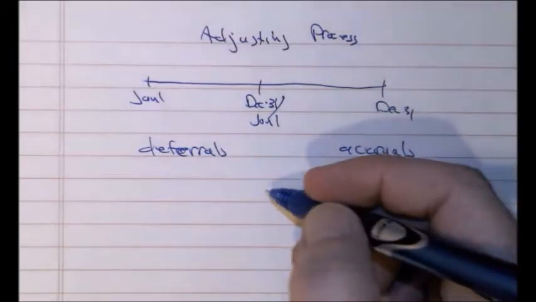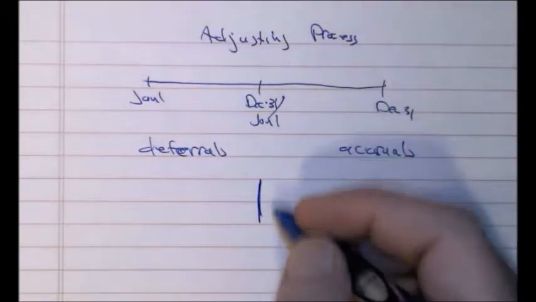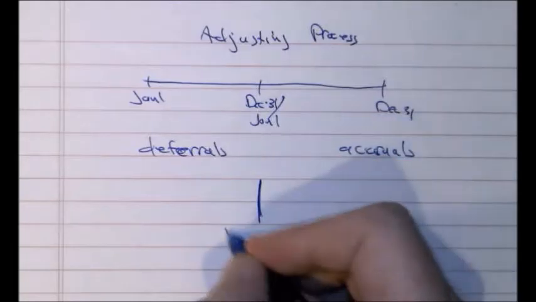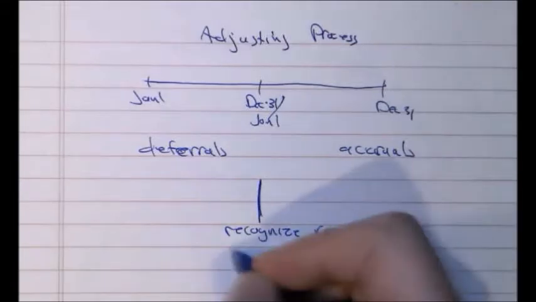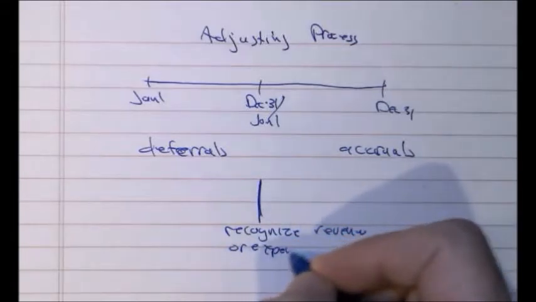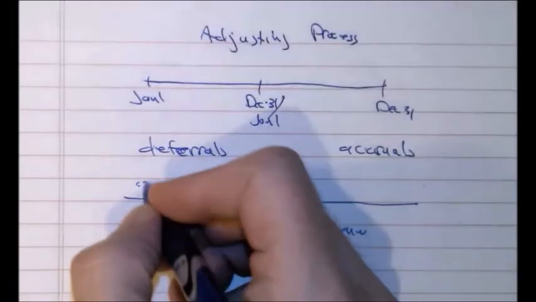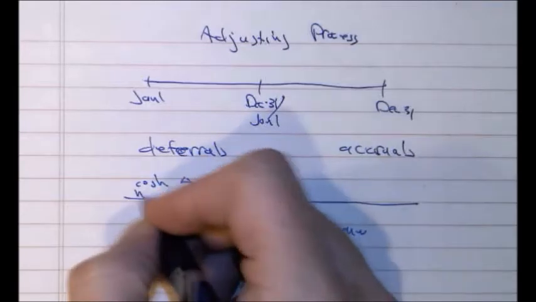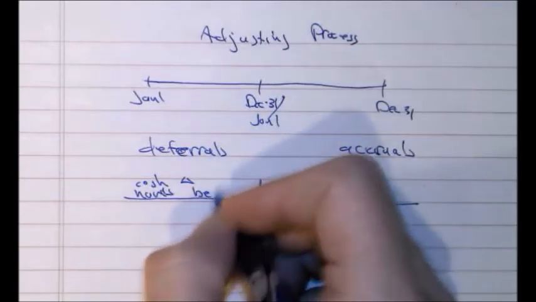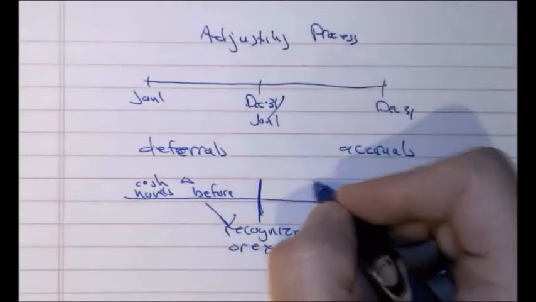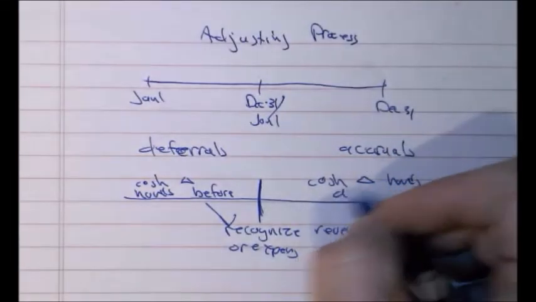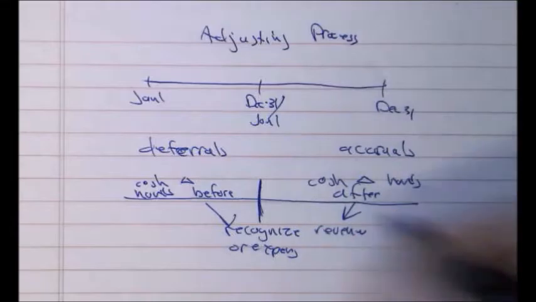What I want you to keep in mind is this: if you mark this as the point where we recognize revenue or expense, and this is a timeline, sometimes the cash is going to change hands before the recognition of revenue or expense, and sometimes the cash is going to change hands after the recognition of revenue or expense.